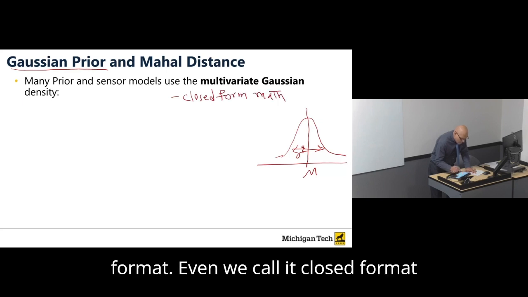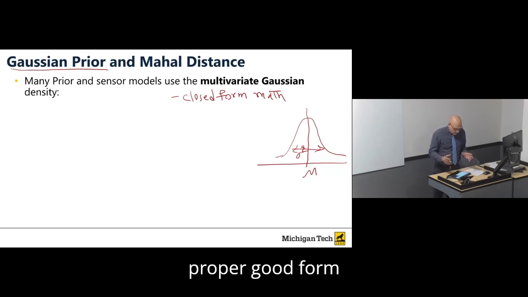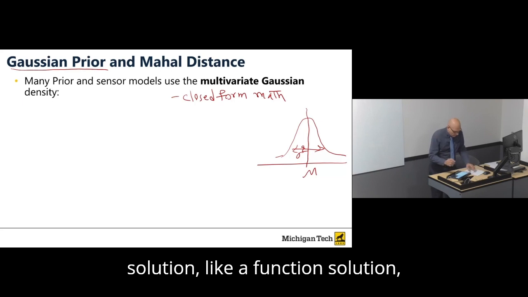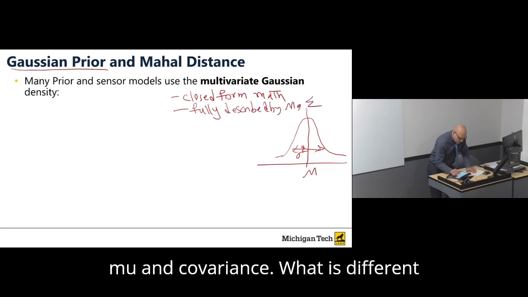We call it closed form math because most of the things can get a proper function solution, fully described by mu and covariance.